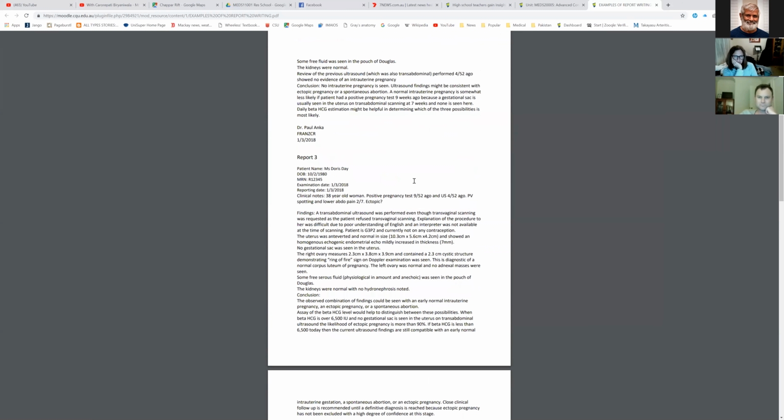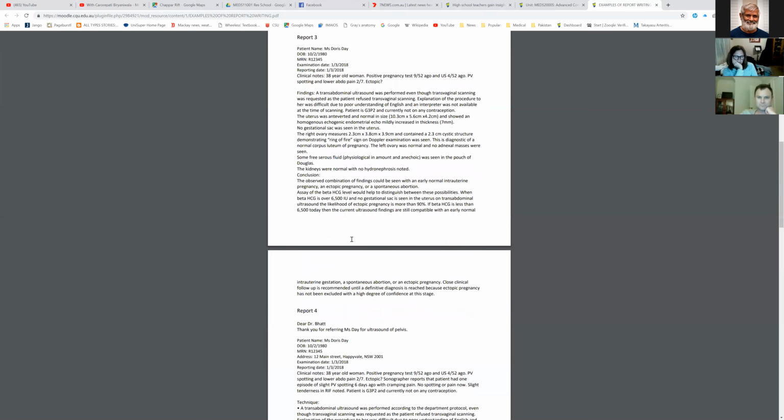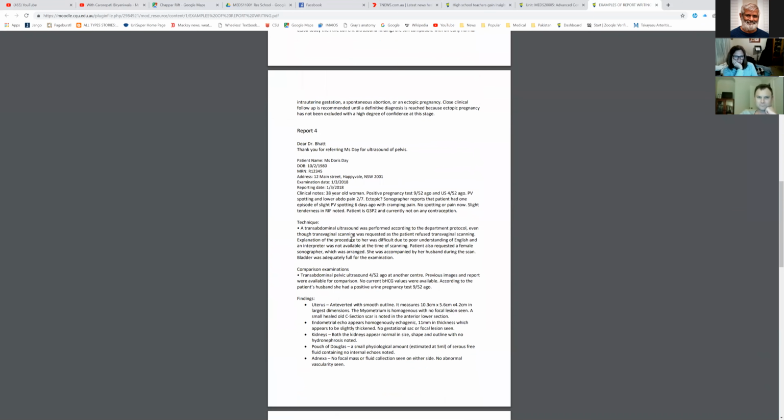Here in this report, it is something like, oh, she's having huge, big bleedings, going on and on, and we don't know what's happening, and the patient is going to die if we don't do anything straight away. Whereas in reality, she only had PV spotting 6 days back. There was a bit of cramping pain. There has been no pain or spotting after that.